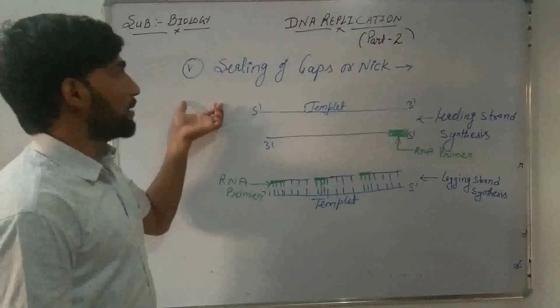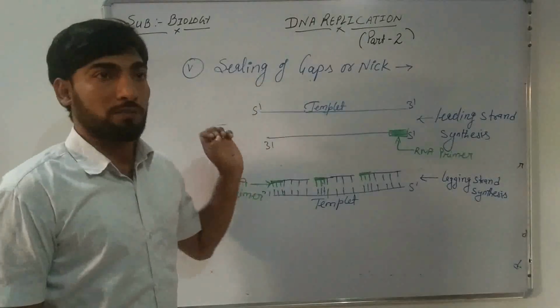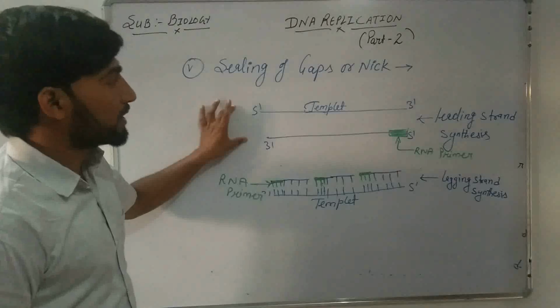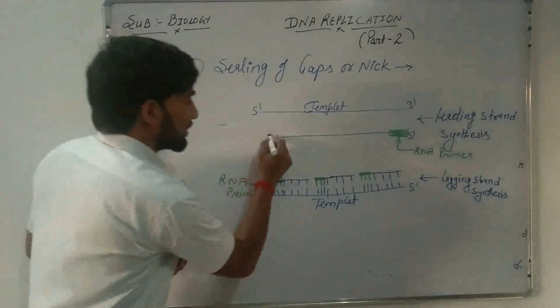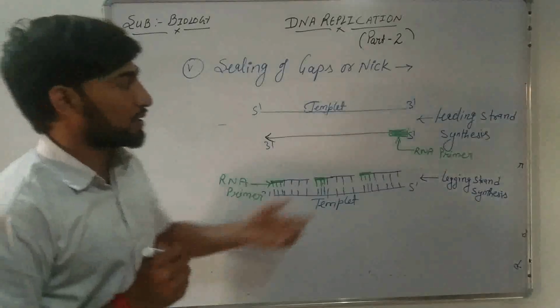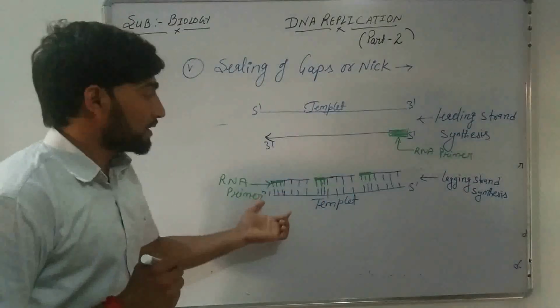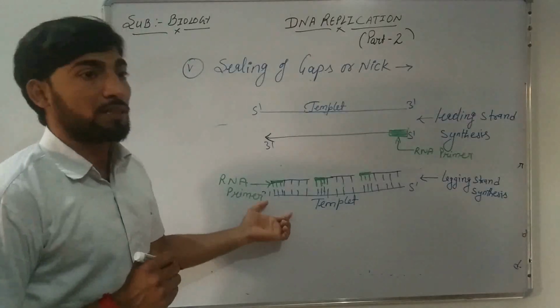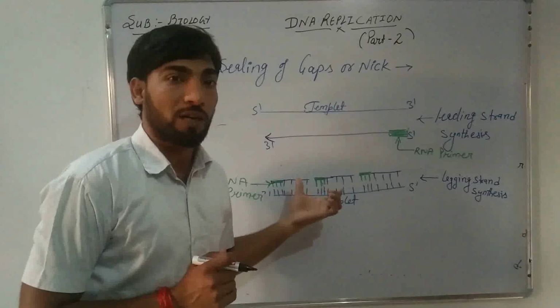The next step of DNA replication is sealing of gaps or nicks. As you know, one of the strands is synthesized in a continuous manner in the 5 prime to 3 prime direction, and this strand synthesis is known as leading strand synthesis. But the other strand is synthesized in a discontinuous manner, that is in the form of Okazaki fragments.